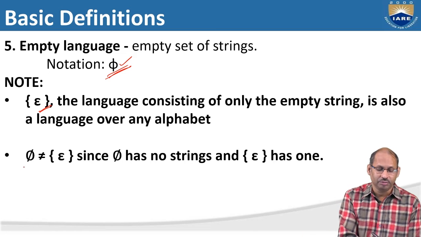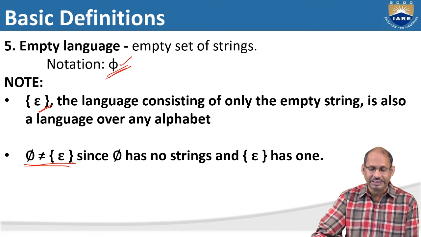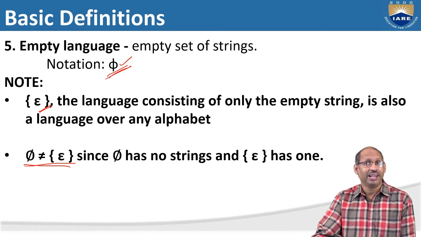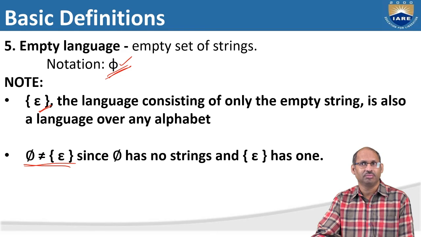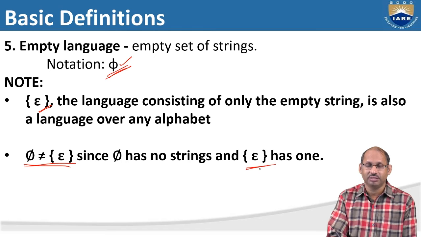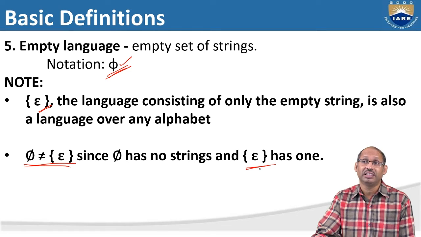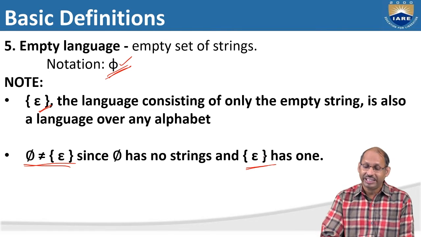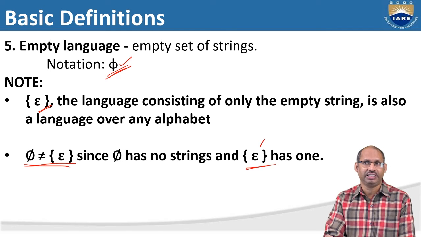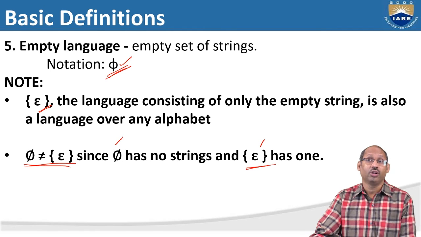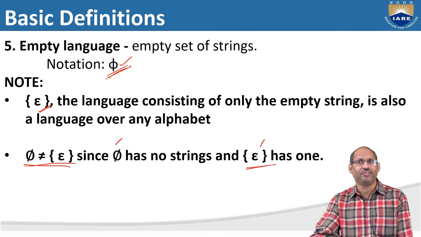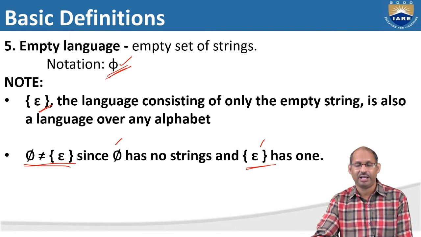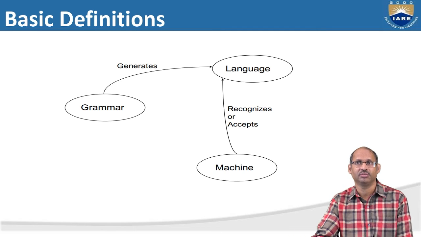Here when you observe, these both are not the same. The empty language means there are no strings in the language, but the other is a language with the empty string. It is a language with the empty string. That is the difference between phi and the set of epsilon.